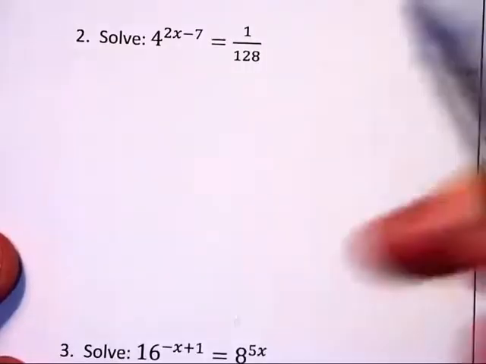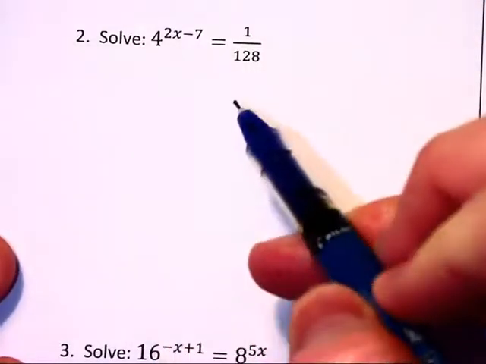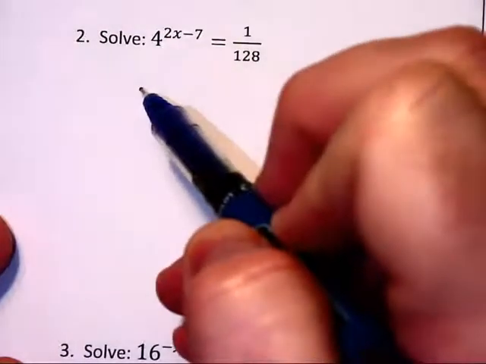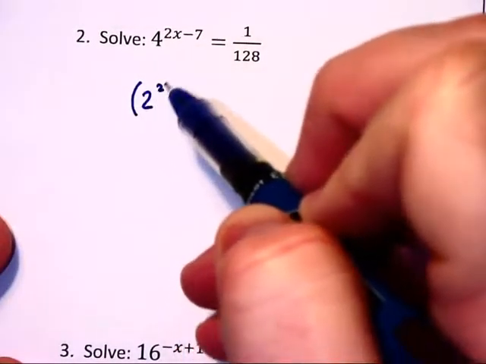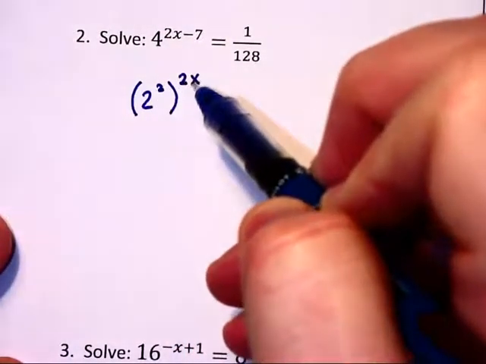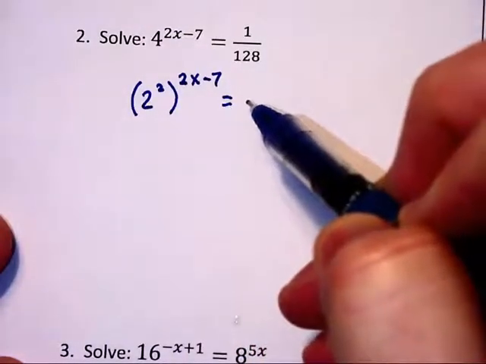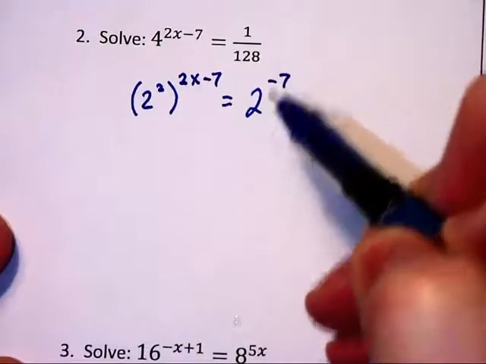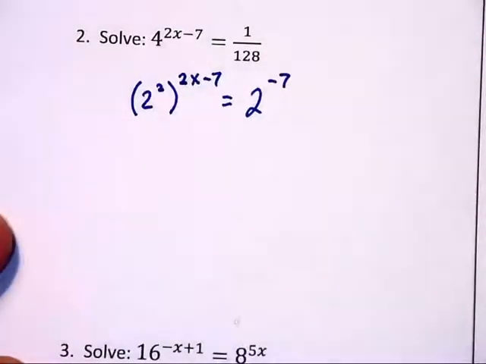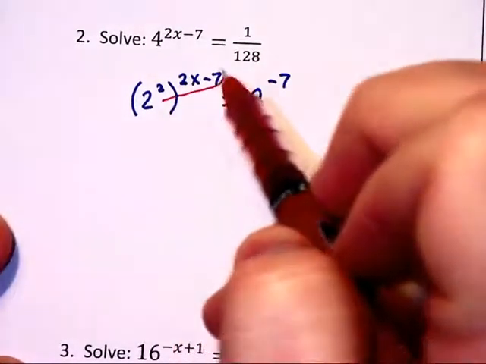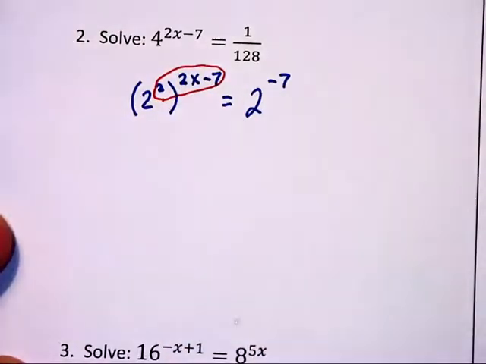On this next problem, I'm going to write each side as a power of 2 yet again. I can consider that 4 to be a 2 squared raised to the 2x minus 7, and I can think of that 128th to be 2 to the negative 7th. Now on the left-hand side, when I have a power raised again to a power, you know that I'm going to multiply exponents.